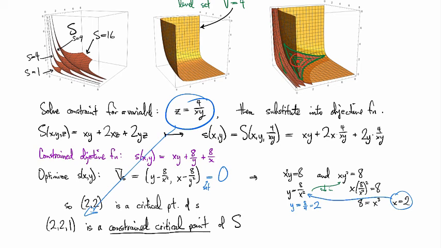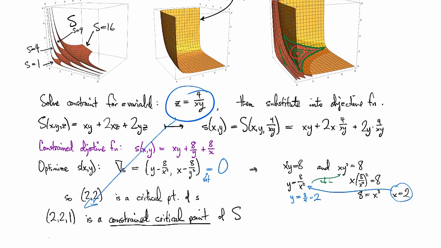And so that's going to be the optimal box. It's going to be 2 by 2 and then 1 tall. A quick reality check, that does indeed have volume 4, so that's good.